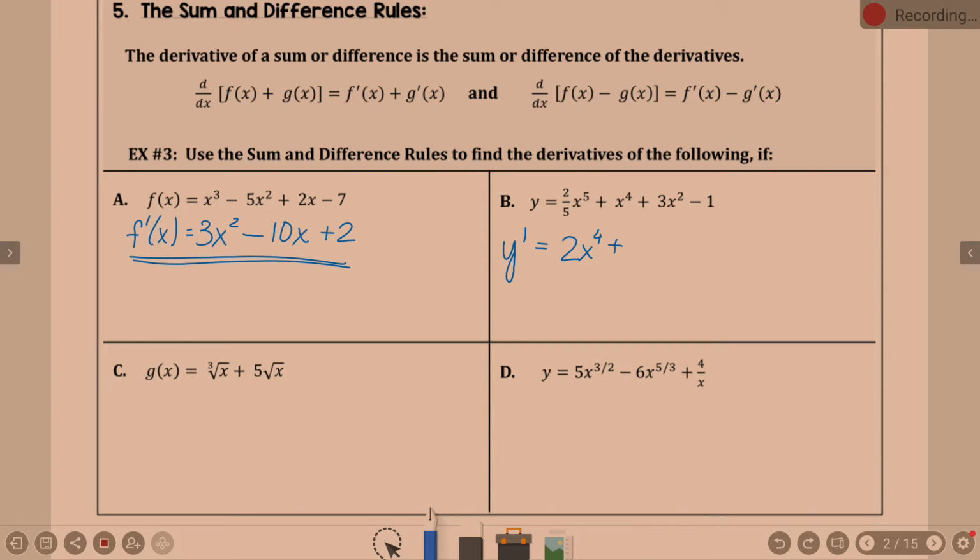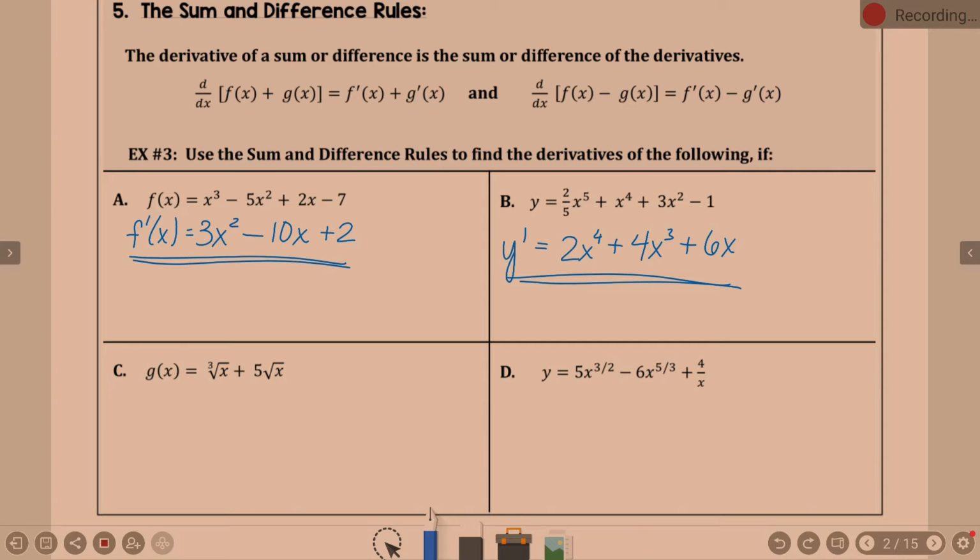Plus derivative of x to the 4th: 4x to the 3rd. Move the 4 out front, subtract 1 from the power. Plus derivative of 3x squared: 6x, minus derivative of 1. I'm not going to write my plus 0 or minus 0.